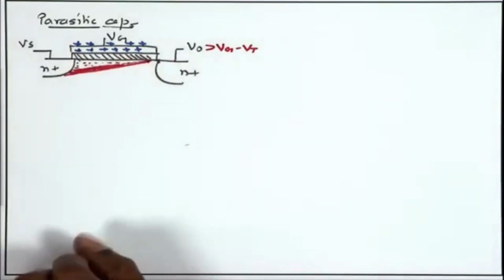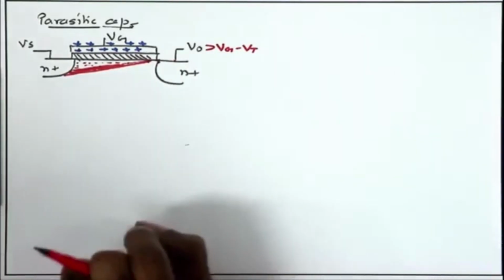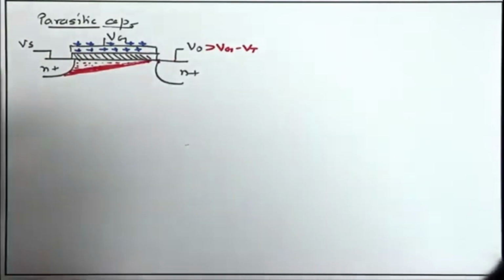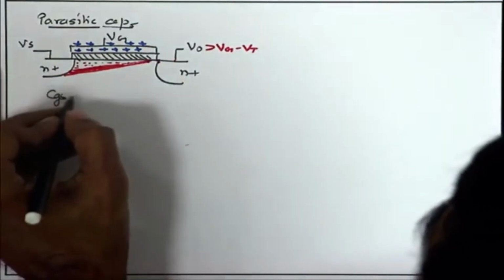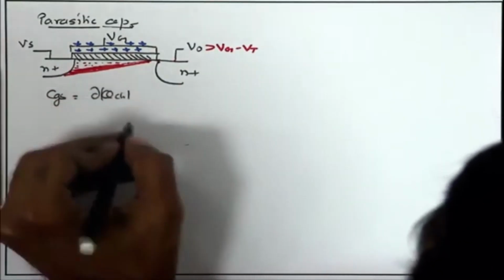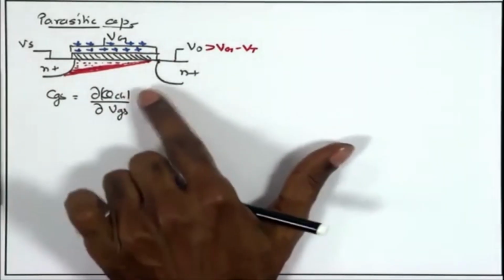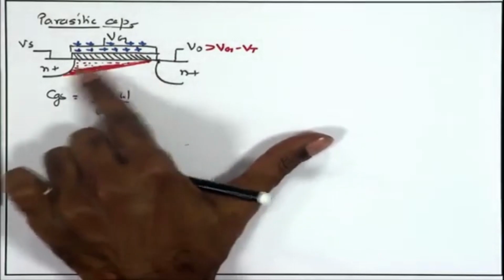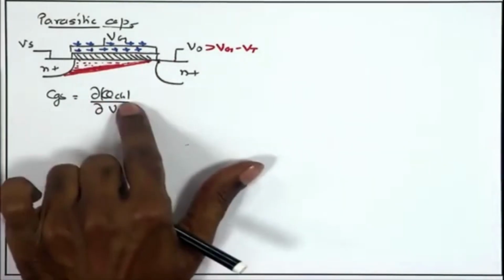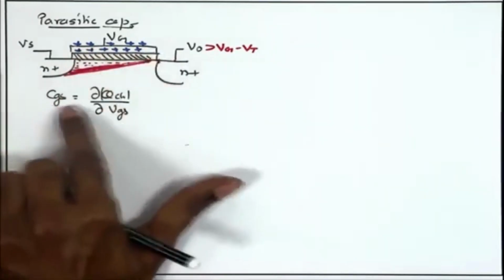For example, to define CGS, the small signal capacitance between the gate and the source, I can define it as CGS equals d mod Q channel by dVGS. Why mod? Because the charge in the channel is negative. We are just looking at the magnitude of the channel charge, because that much positive charge you are putting on the plate, and capacitance is a positive quantity.